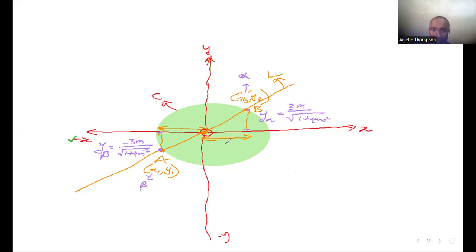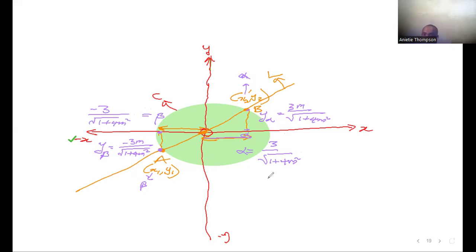And let me show you another thing again. Remember the x value, sorry, I call it x2 or the alpha value. This is where the alpha is. The alpha value at that point is equal to 3 all over square root of 1 plus 4m squared, meaning that the distance from the origin to this place is that. Similarly, the beta value for this place was given as minus 3 all over square root of 1 plus 4m squared, the same value.